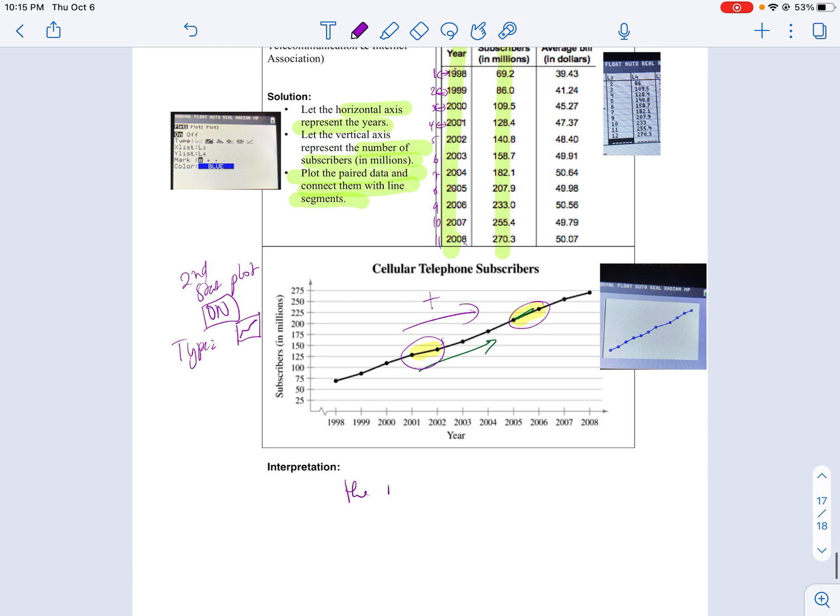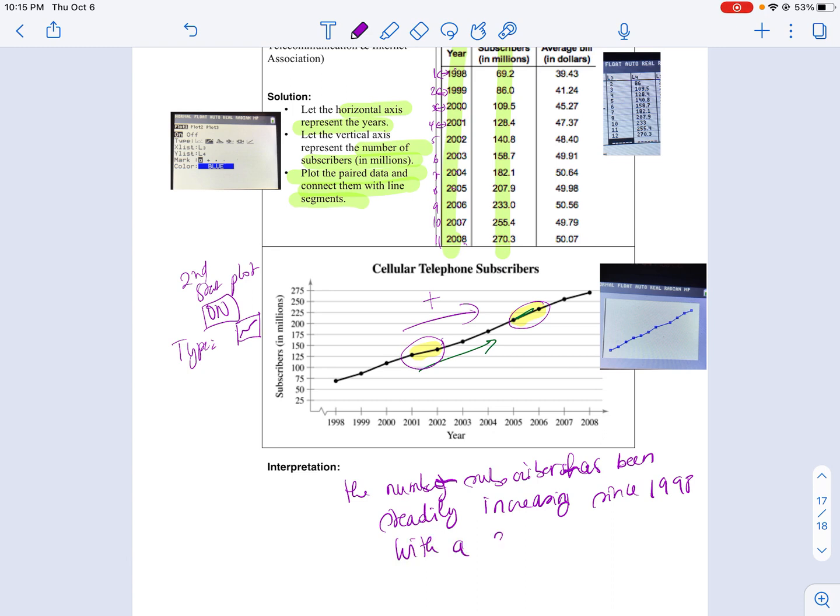The number of subscribers has been steadily increasing since 1998, with a greater increase recently.